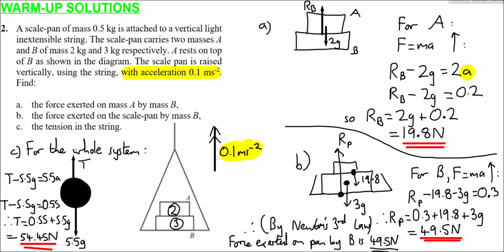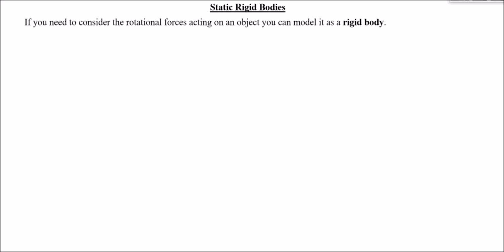So let's now have a look at some questions involving friction and statics. Static rigid bodies. To get started, a few ideas and pointers for you. If ever you need to consider rotational forces acting on an object, you can model it as a rigid body. For any rigid body in static equilibrium, the body's stationary, that's the first and most obvious point.